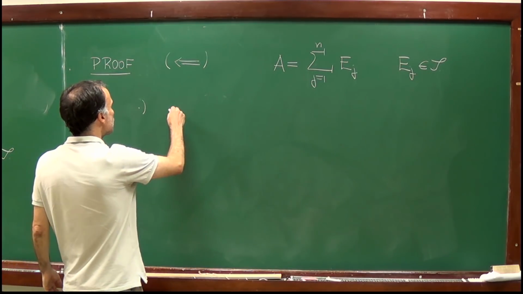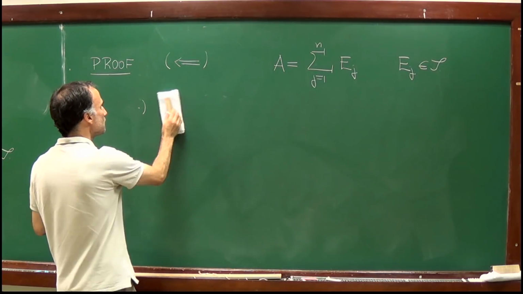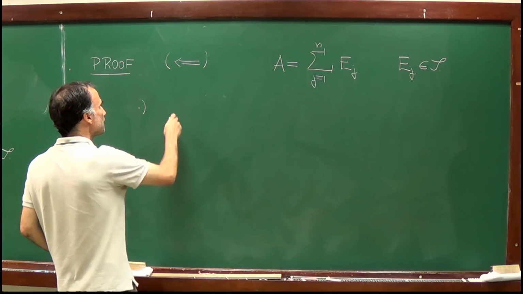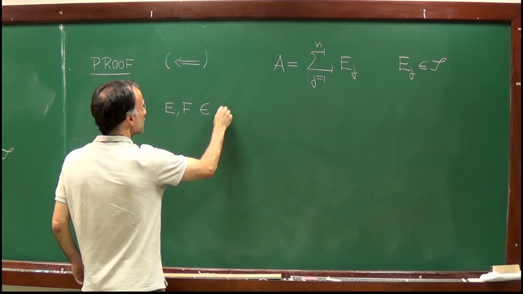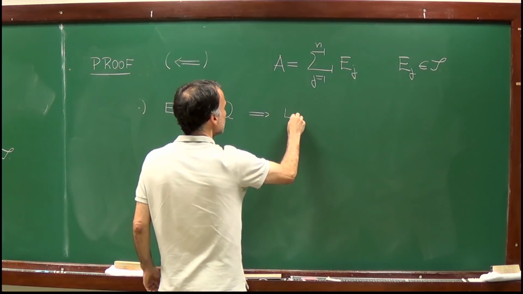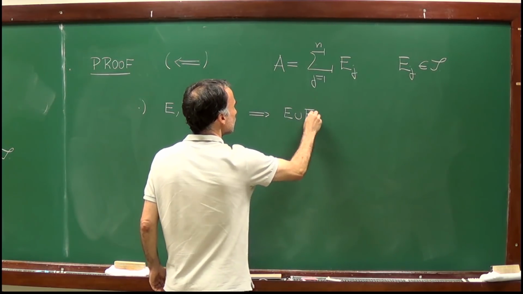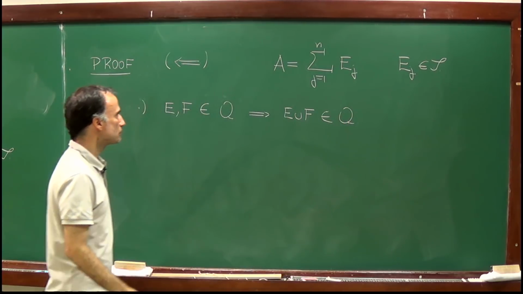I want to prove that if E and F are elements of an algebra, then the union of E and F also belongs to the algebra.